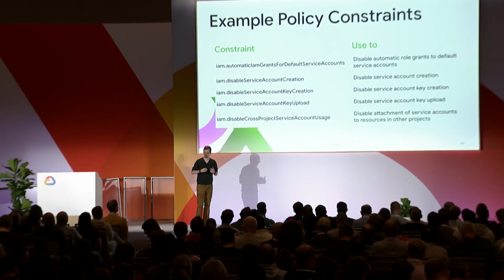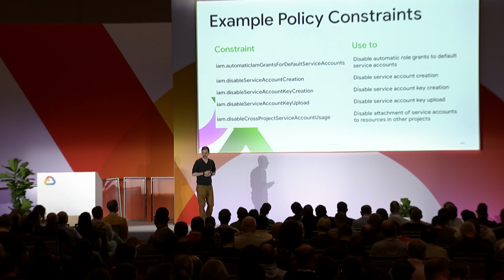They have to go through the security team to get a service account with an approved set of roles. Similarly, disabling service account key creation is another thing you can do to help centralize this kind of management. Service account key upload is very similar. This is the ability to upload your own key to a service account.